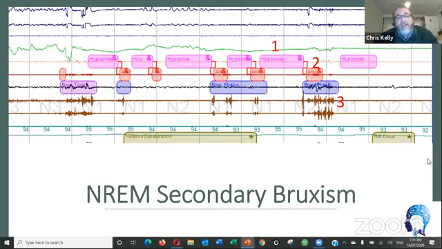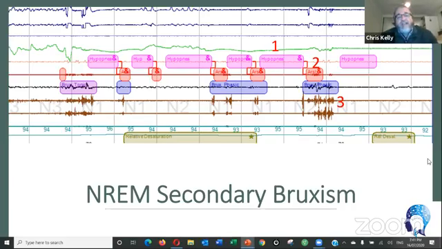Each one of those vertical lines running across that screen is a 30-second epoch. So within 2 minutes, they've had essentially 1, 2, 3, 4, 5, 6 events of bruxism, if I wanted to be really picky, in a phasic sense of RMMA, sorry, I'll correct myself, rhythmic masticatory muscle activity.